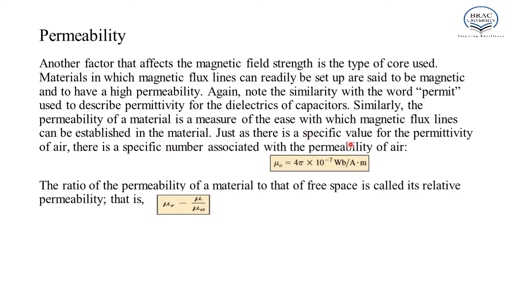Just as there is a specific value for the permittivity of air, there is a specific number associated with the permeability of air, which is mu naught equals 4 pi into 10 to the power minus 7 Weber per ampere meter. The ratio of the permeability of a material to that of free space is called its relative permeability. That is, mu r equals mu divided by mu naught.